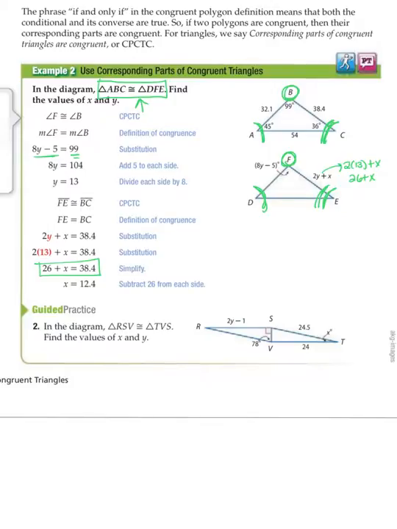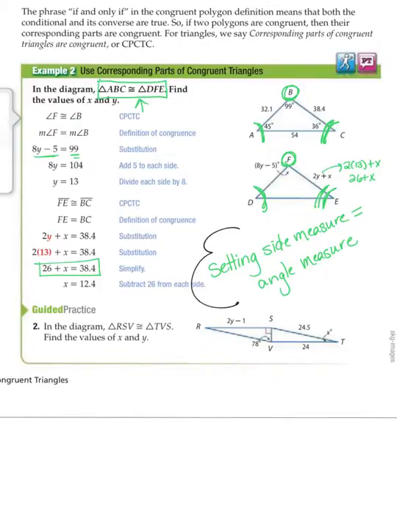Never, ever make the mistake of setting a side measure equal to an angle measure. That's one of those things that I call the black cloud.